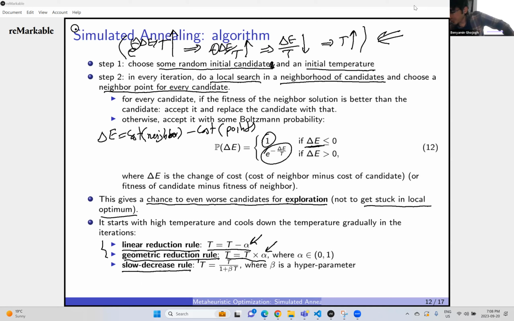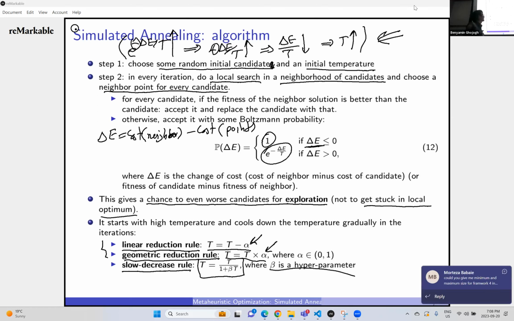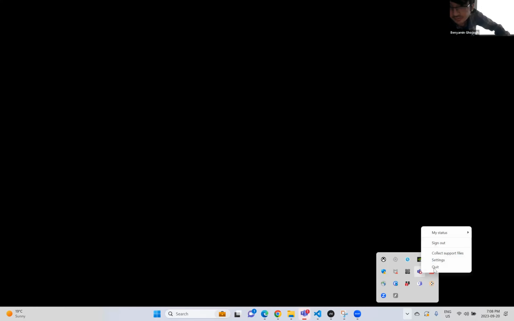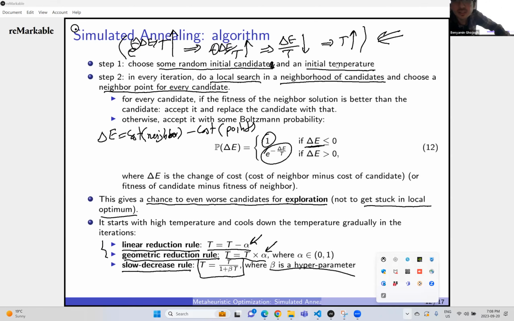But if you want a slow decrease, you can use T equals the previous T over 1 plus beta times the previous T, where beta is a positive hyperparameter.